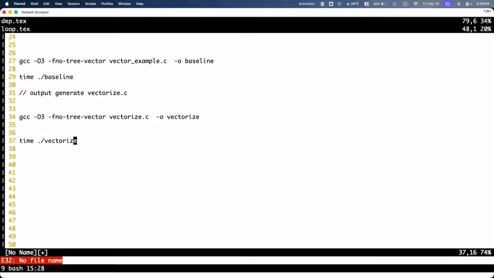You will see in the test file there are many loops. We are telling you to specifically pick a loop to vectorize. Because of time limitations, we are not asking you to do dependence testing.